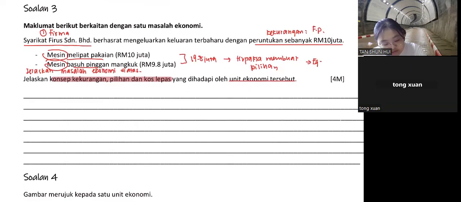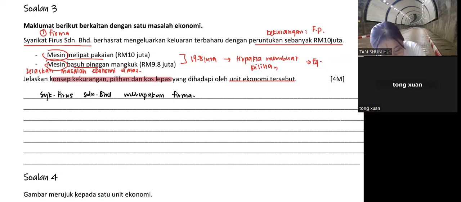So first you have to say, syarikat virus sendirian berhad merupakan firma. Okay? And then you have to tell me they are facing kekurangan faktor pengeluaran or kekurangan sumber ekonomi.